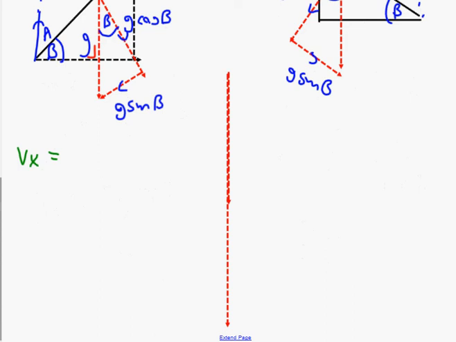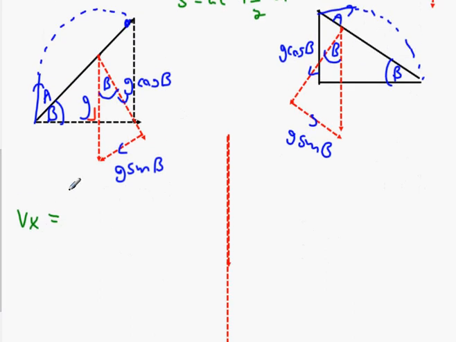Now, you go down to your generic formulas. What about the first formula? u plus at. So it's going to be u cos a. And is its speed changing along this axis here? Is there anything slowing it down? No. If vx is this direction here, what's slowing it down?